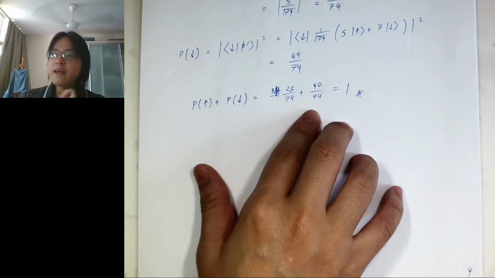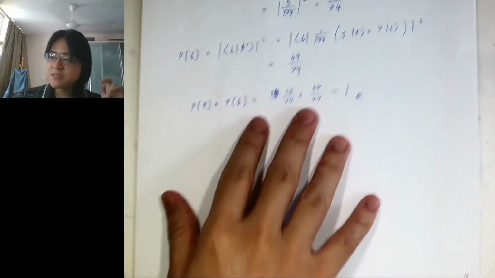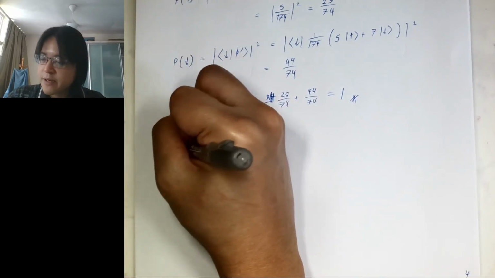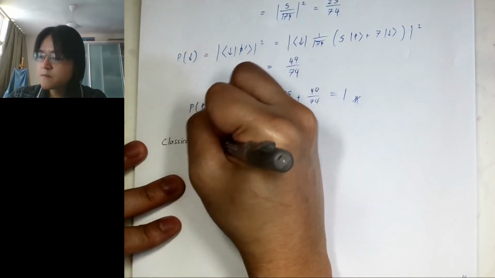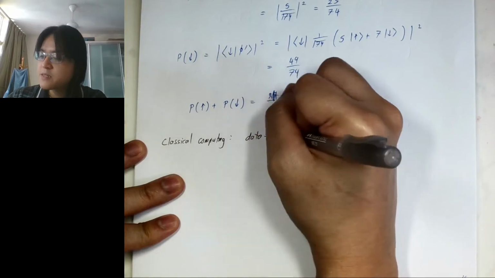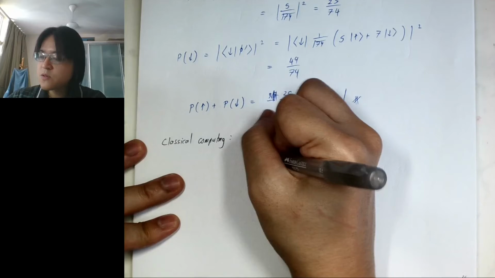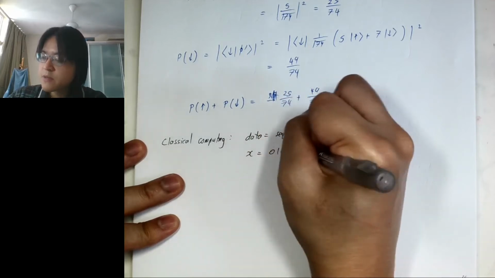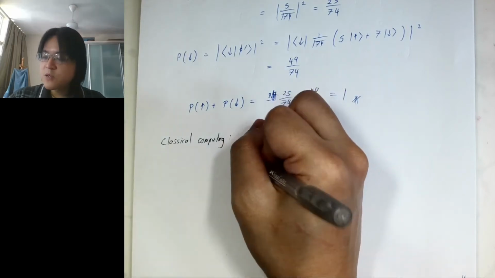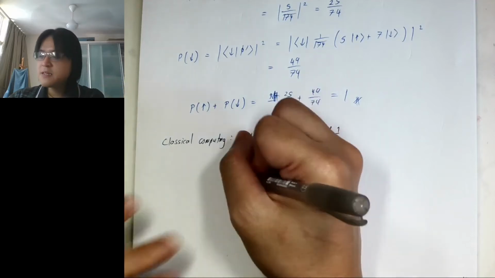I forgot to mention another comment about quantum computing. In classical computing, the data is a sequence of zeros and ones, so data can be like 0 1 0 0 1 1 0 0 and so on. In classical computing, they use what we call logic gates.